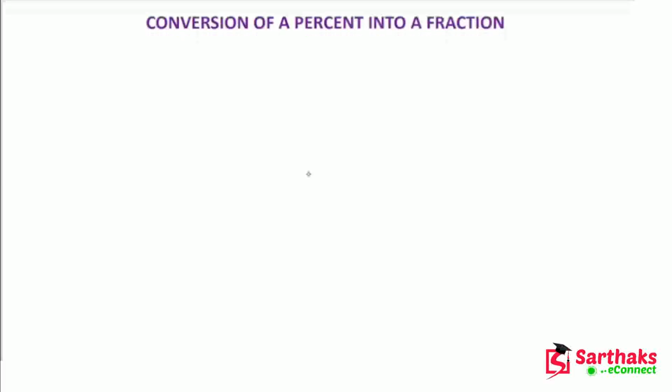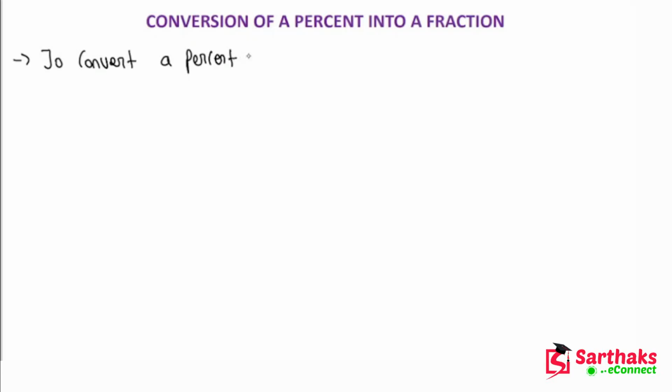Now let us understand how to convert a percent into a fraction. Suppose you are given some percent and you have to find the fraction. How do you do that? Let us understand with the steps. To convert a percent into a fraction, we drop the percent sign.